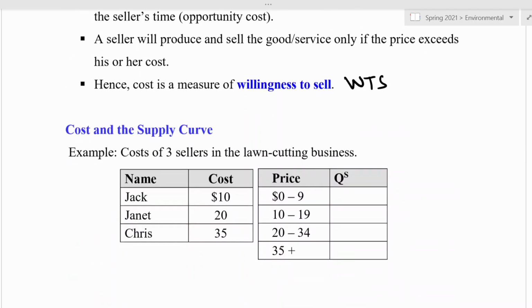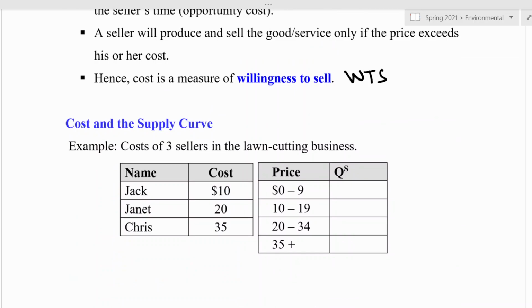And so we're going to look at that with an example here. We have three people in a lawn cutting business: Jack, Janet, and Chris. And these are their costs. And so with those costs, just as we did with consumer surplus and the demand curve, we can do the same thing here with willingness to sell and the supply curve.